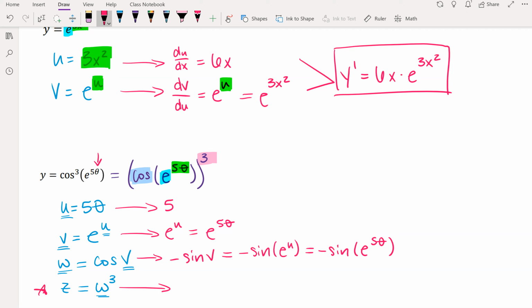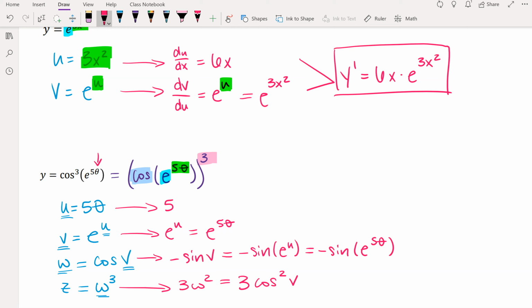Okay, let's take the last derivative. Derivative of z would be 3w squared. But remember, w was cosine of v. So we're going to say that's 3 cosine squared of v, because you could write cosine squared by putting the square in the middle.